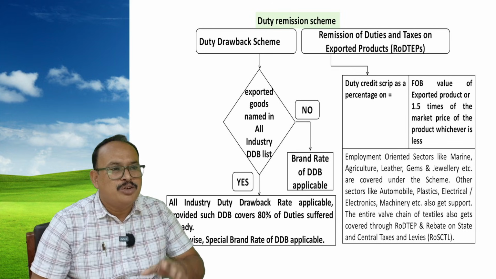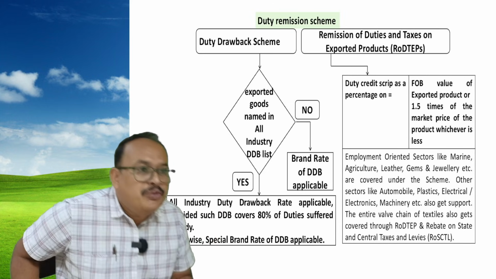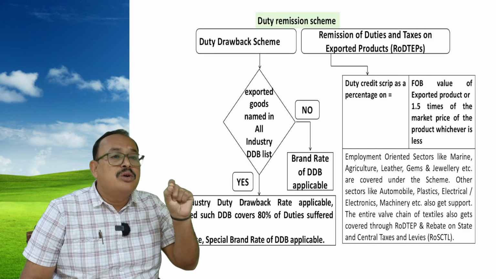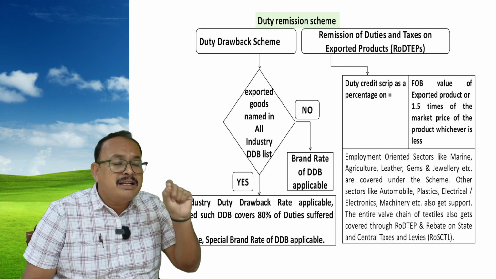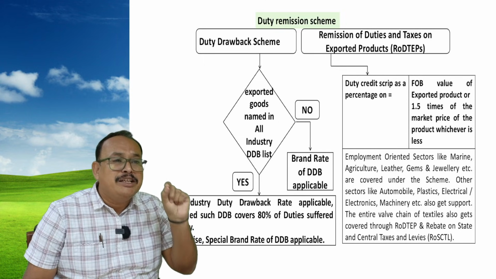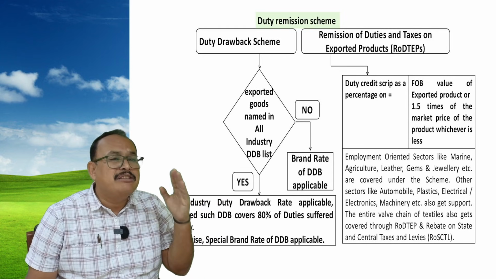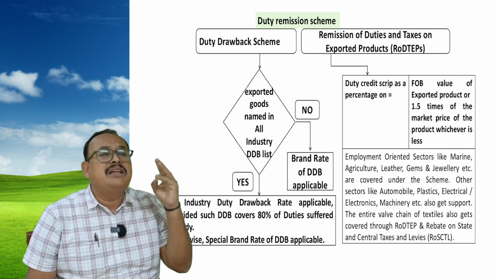Now listen to me. Don't worry at all. You recapitulate. All industry duty drawback rate is applicable if the goods are covered in the general export or import list, where the minimum is 1% of FOB and the maximum is 33% of the FOB value.